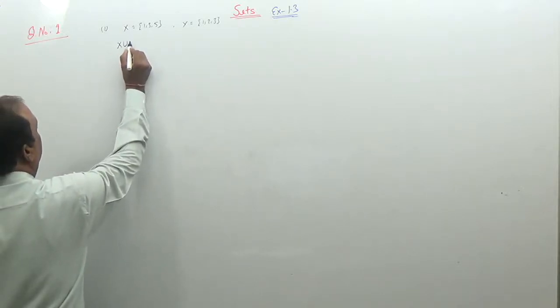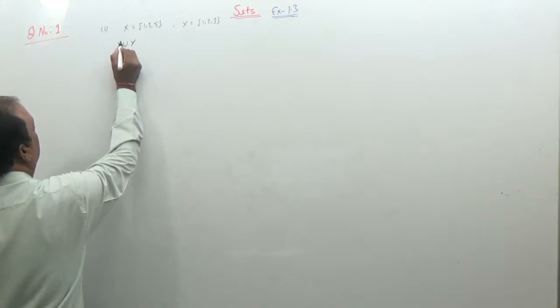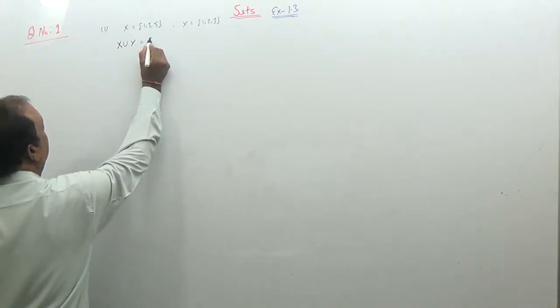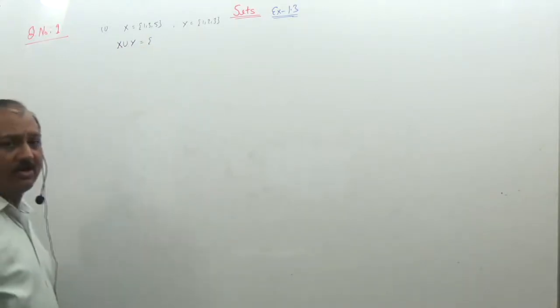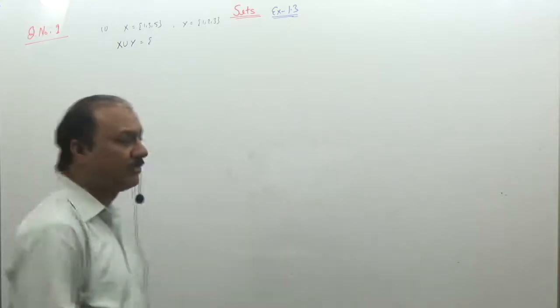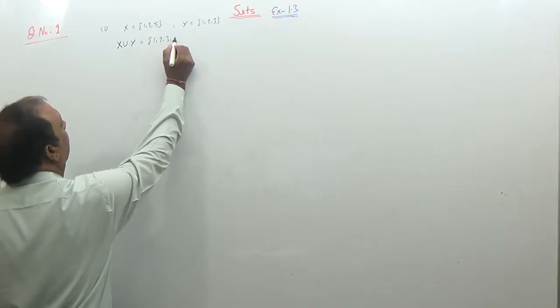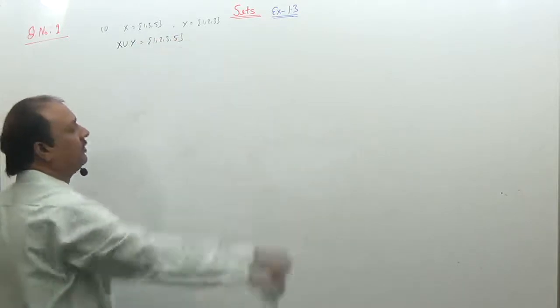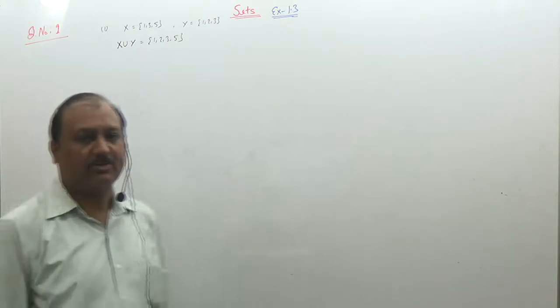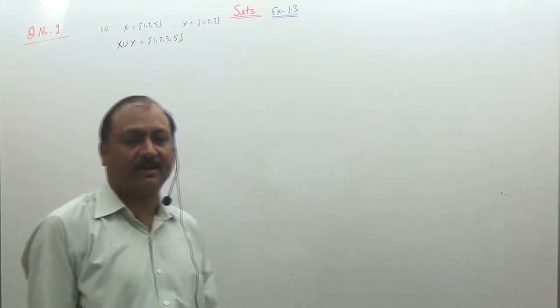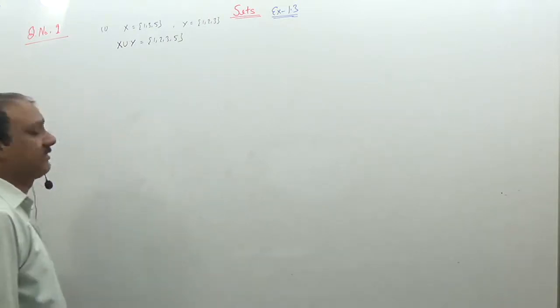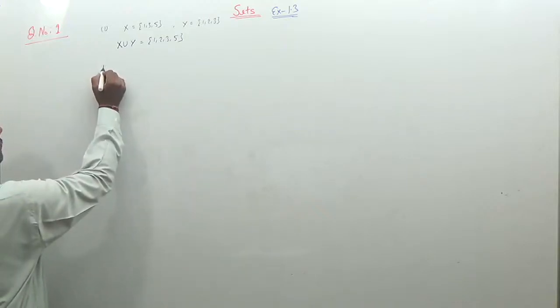The union is denoted by X union Y. This is a set which contains all elements of X as well as all elements of Y, that is 1, 2, 3 and 5. So simply, this is the union of two sets. This set contains all elements of X as well as all elements of Y.